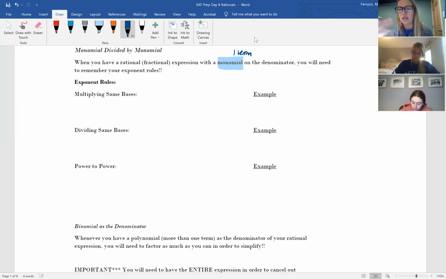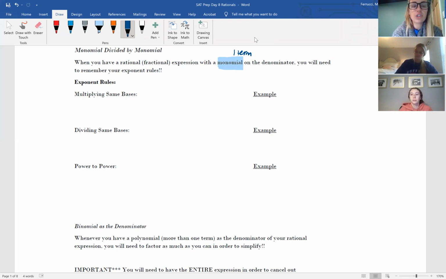And terms are separated by addition and subtraction signs. So for our exponent rules, these are something that we have to go over because they could be as basic as just using your exponent rules, or we may have to do some additional factoring in order to simplify, especially when you have a binomial in the denominator.